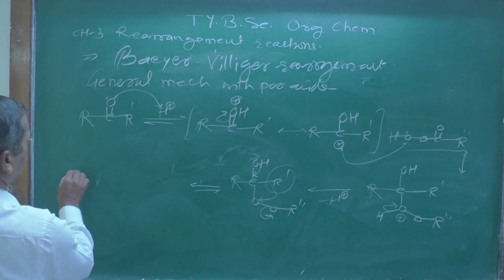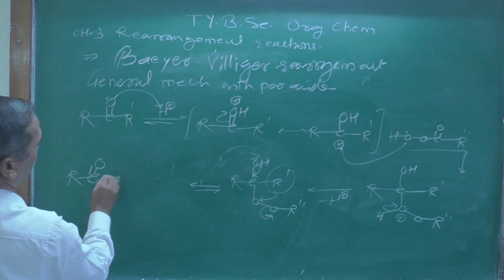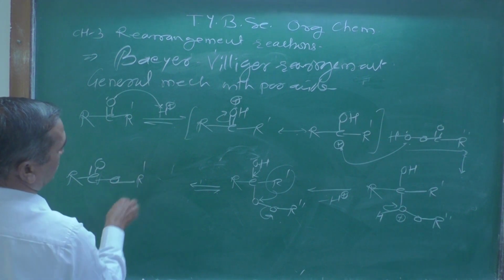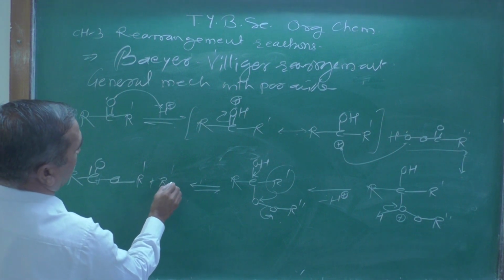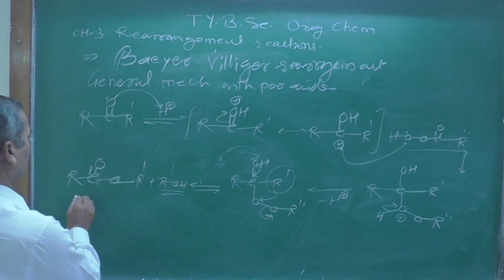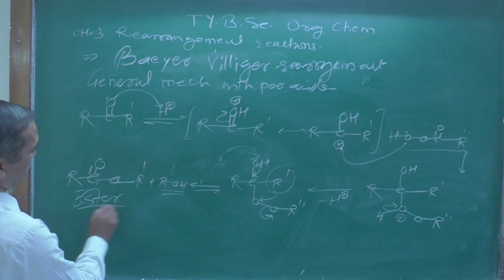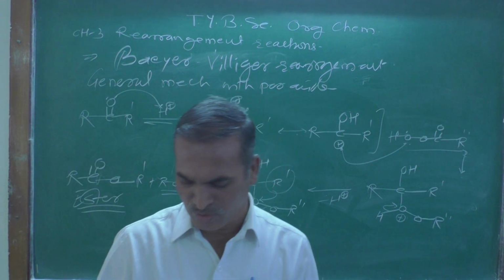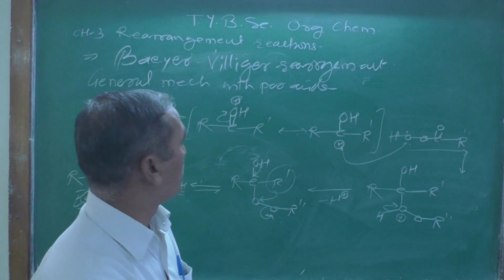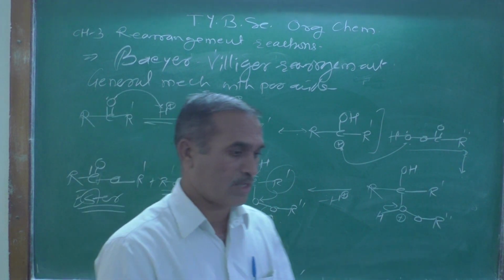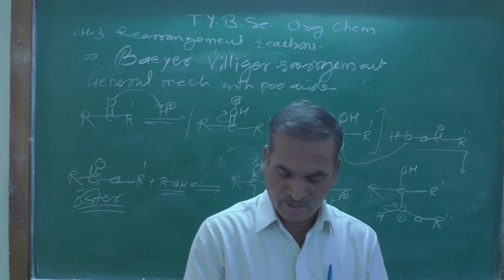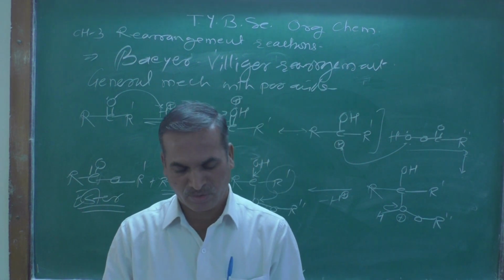So you are going to get R C double bond O, then O, then R dash, an ester, plus R O H, that is, alcohol is formed over there, and this compound is known as an ester. Ester is the general formula which we got over here. So this is the general reaction of the Baeyer-Villiger rearrangement reaction, or we can call it the Baeyer-Villiger oxidation reaction.